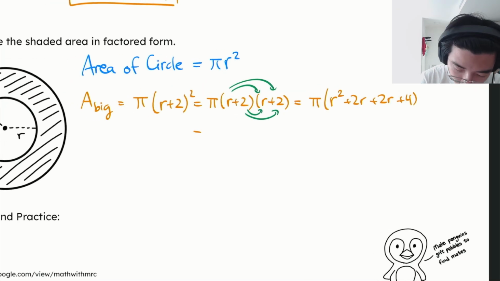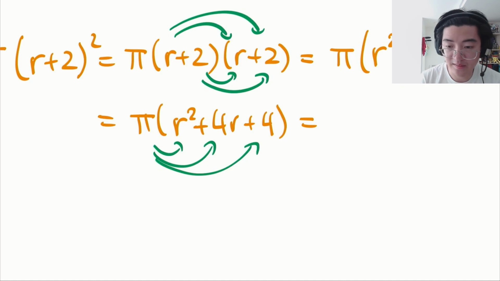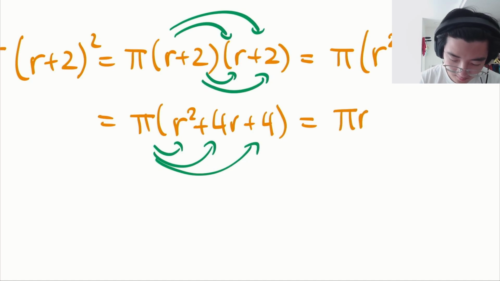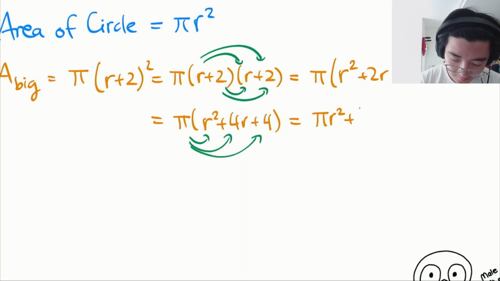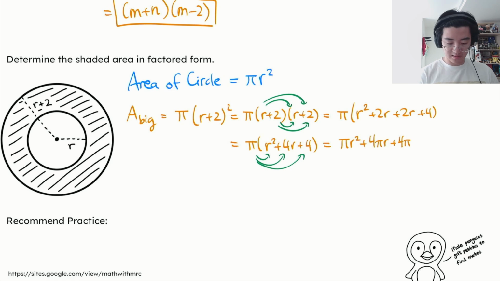Combine like terms. And then lastly, expand it. Pi multiplied by everything here. Okay, so that's a big area.